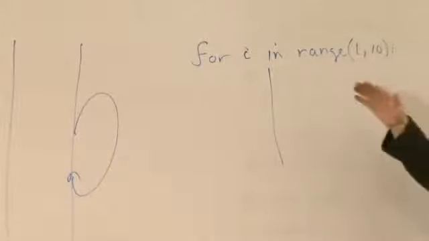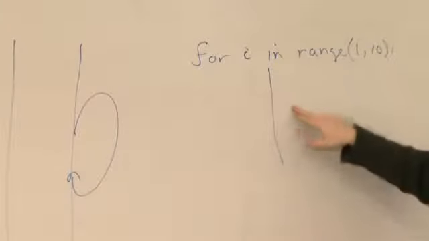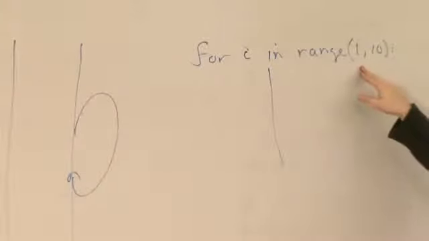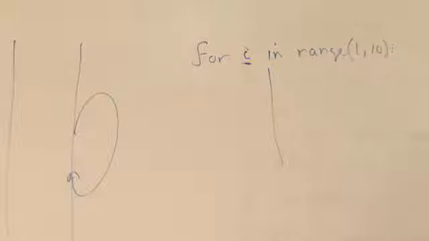What this is telling Python, though, is that we're going to execute this block of code 9 times, right? And on each iteration through this block of code, we're going to set i to 1, and then set it to 2, 3, 4, 5, 6, 7, 8, 9, 10. Anyone lost by that? We'll see an example of it pretty shortly.